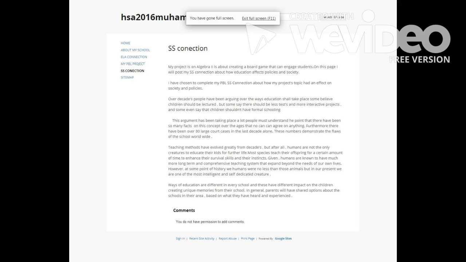Over decades, people have been arguing over the way education should take place. Some believe children should be lectured, but some say there should be fewer tests and more interactive projects. And some even say that students shouldn't have formal schooling. So this argument has been taking place a lot.